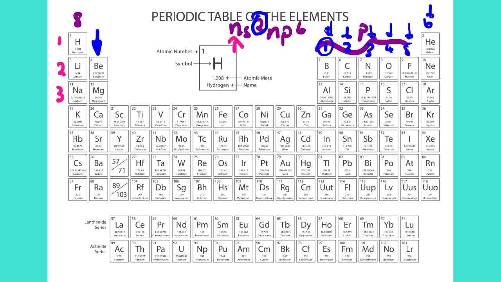So this row is actually the s2, the group 2, and then this one is 1. Since this n can be any number, it simply means that let us look at all the elements whose outer electronic configuration consists of this.